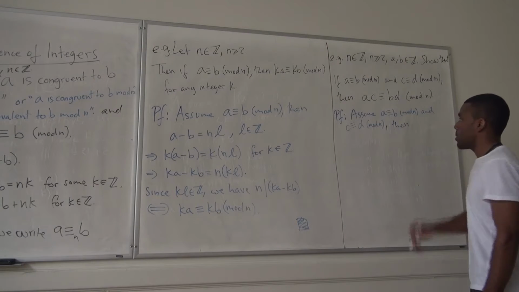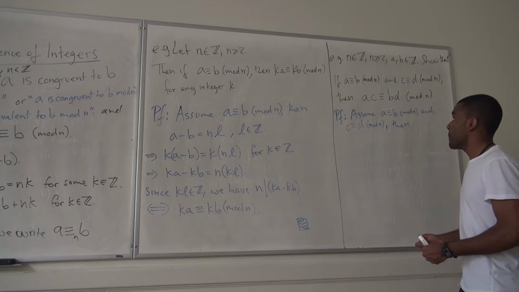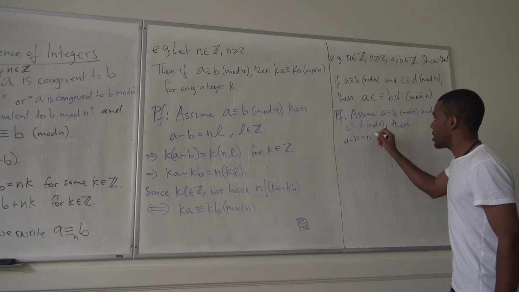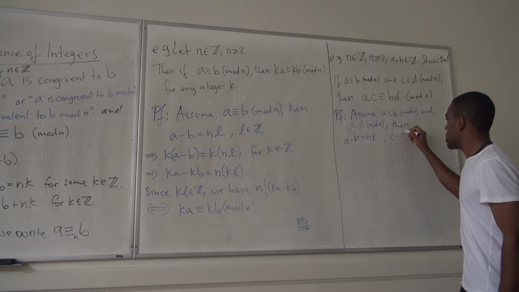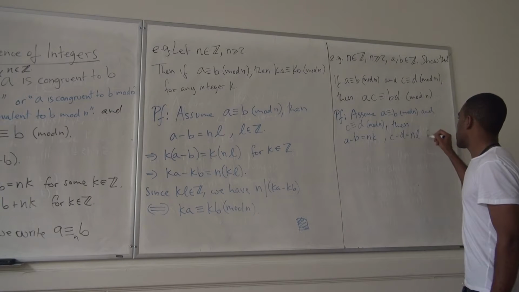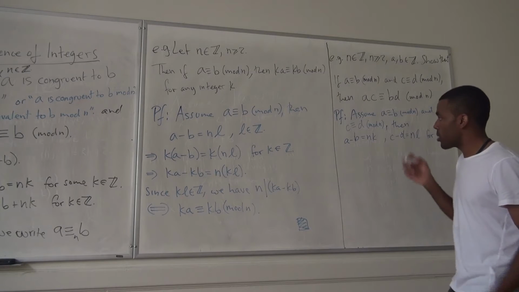Then what can we say? A minus B equals nk, and C minus D equals nl, where k and l are integers. All right, then what can I say?